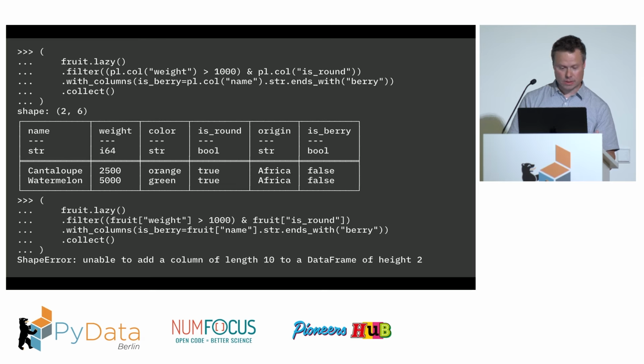Yeah? Because the fruit data frame is being updated along the way. But you're still referring to an object, a data frame that you think has 10 rows. Well, in fact, polars has determined that it's only 2 rows because of the filter.